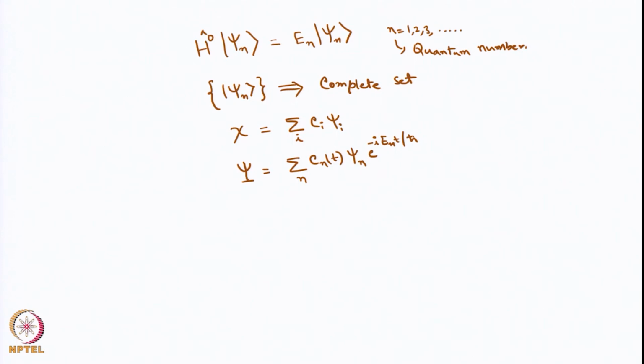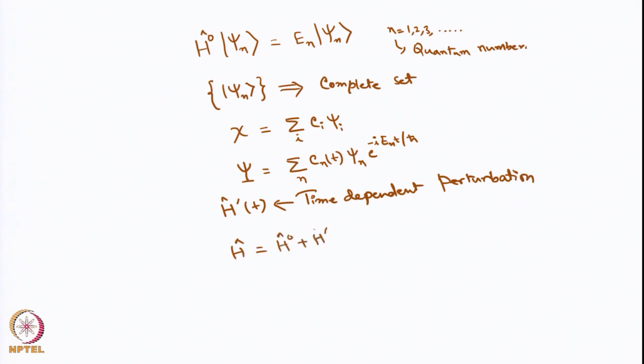Now if we have the time dependent perturbation, which I will call H prime of t, this is my time dependent perturbation, then my whole Hamiltonian H will be nothing but H naught plus H prime of t.